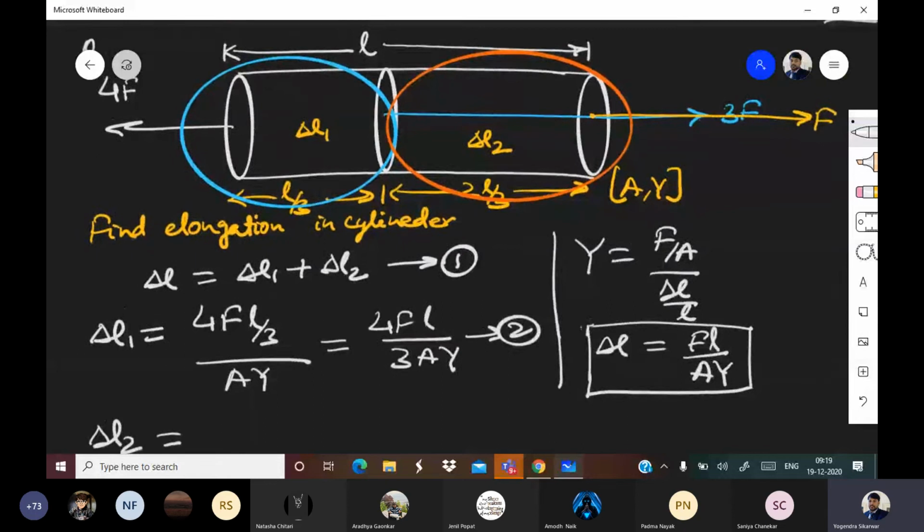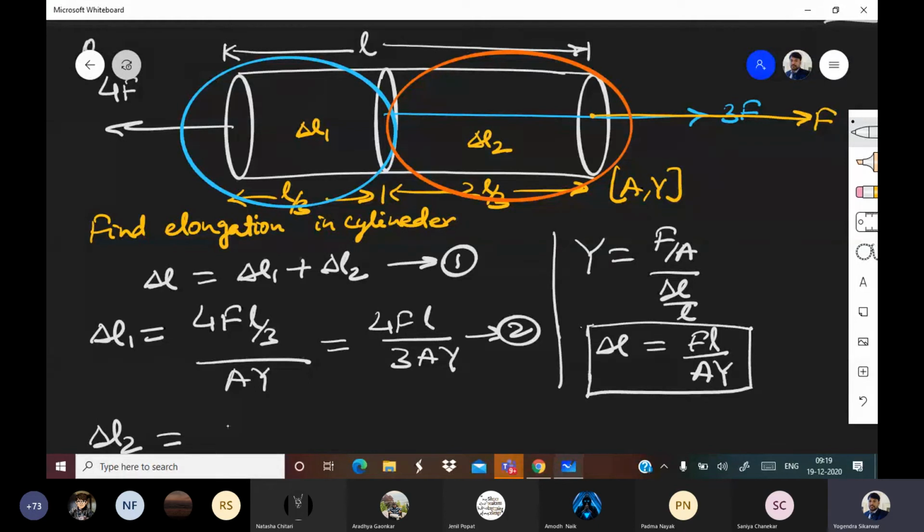Now how much will be delta L2? If you see at the right end, the only force acting is F. So this force F would be causing elongation in the L2 part.